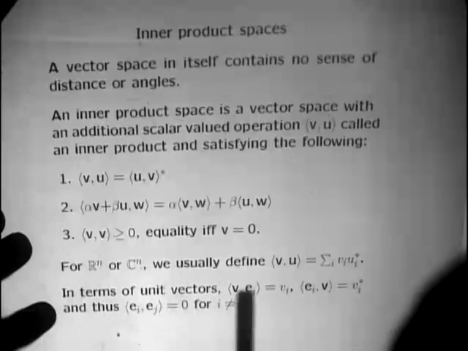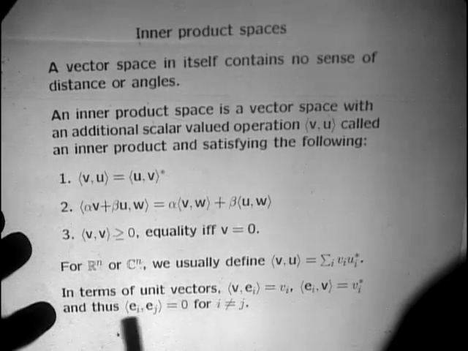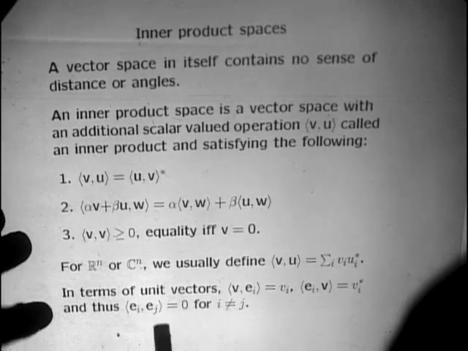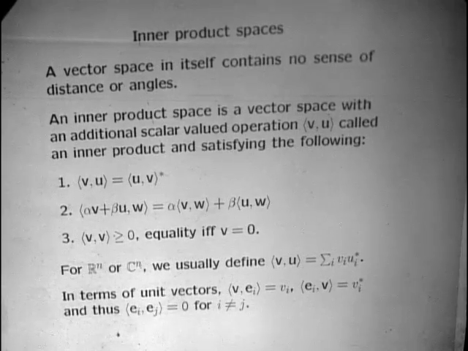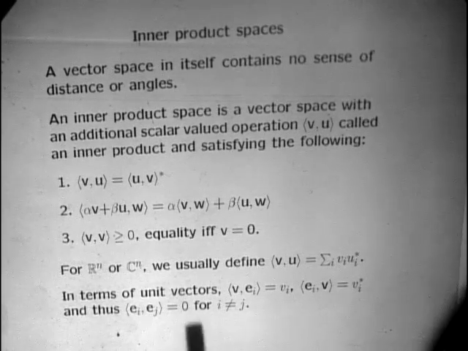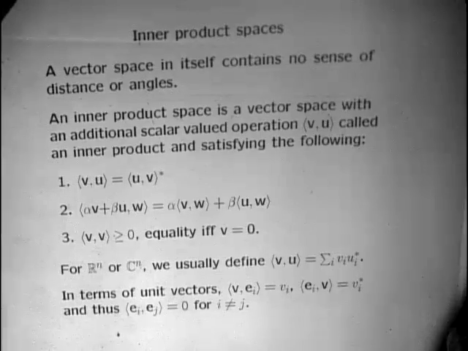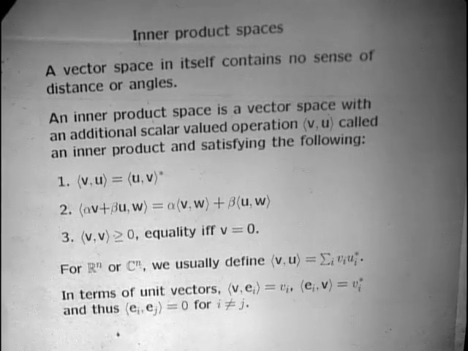And from that, if you make V equal to E sub j or E sub i, you get that the inner product of two of these basis vectors is equal to 0 for i unequal to j. In other words, the standard way of drawing pictures, when you make it into an inner product space, those unit vectors become orthonormal, because that's the way you like to draw things.